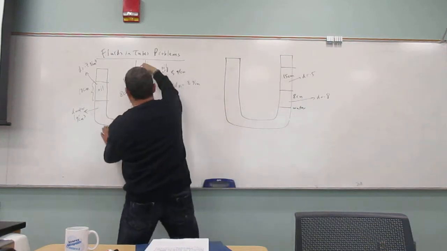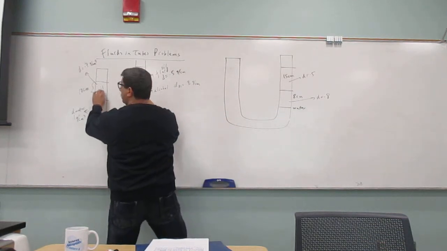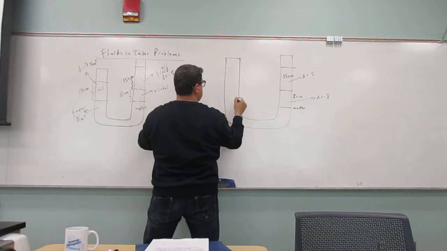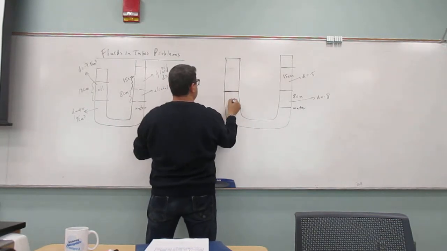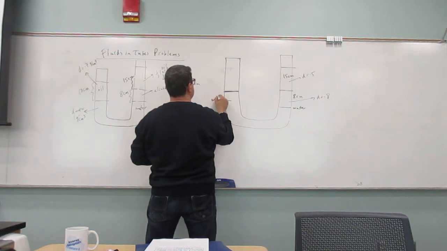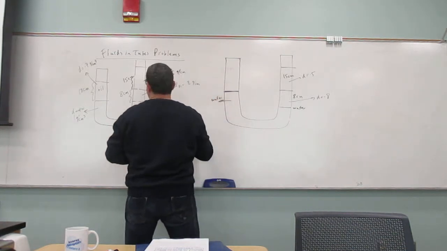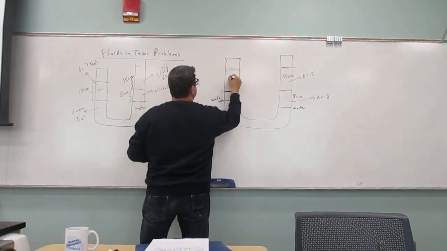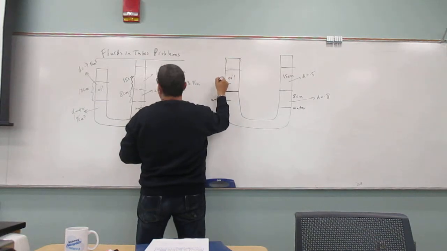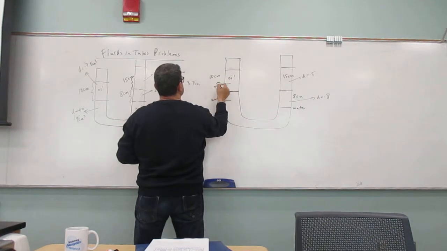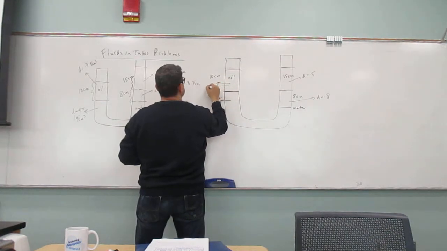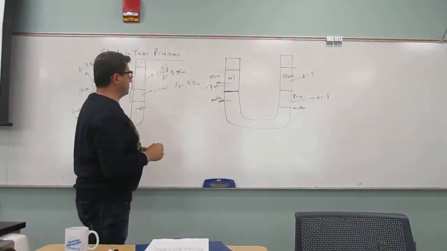And of course if this goes down, this water level will go up, so it'll be here somewhere. Okay, this is the water, and then the oil will be here. 0.7 is the density, right?